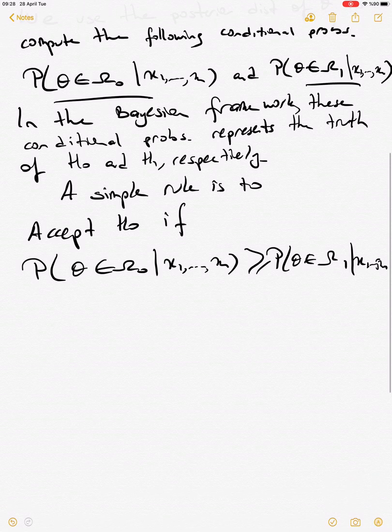Otherwise, accept H1. Okay, so it's just that simple.